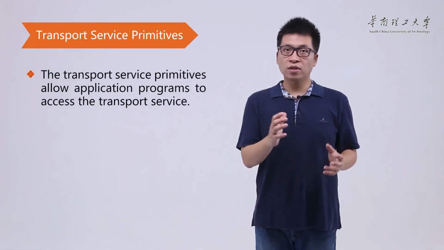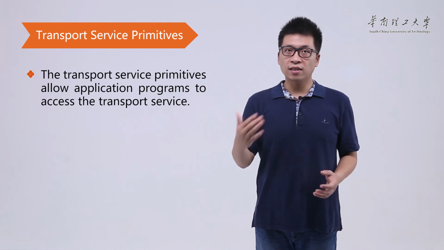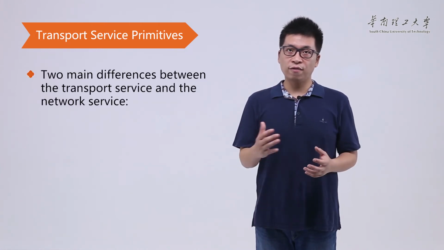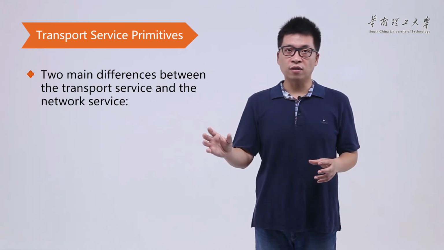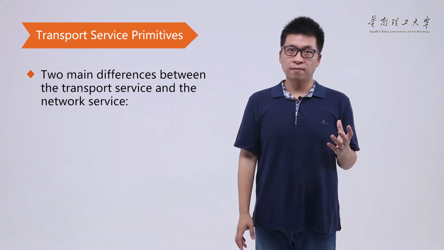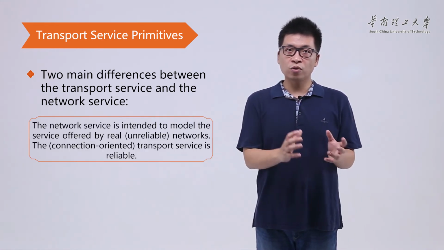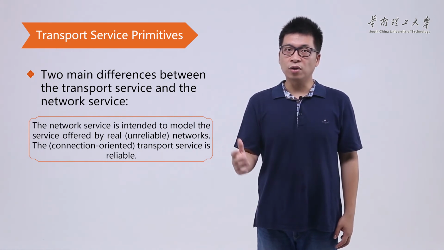The transport service primitives allow application programs to access the transport service. There are two main differences between the transport service and the network service. The first difference: the network service is intended to model the service offered by real, unreliable networks.